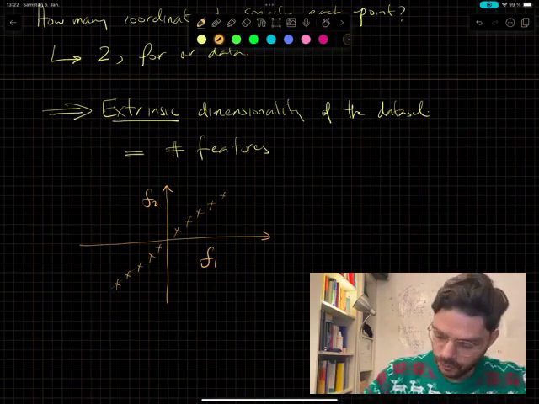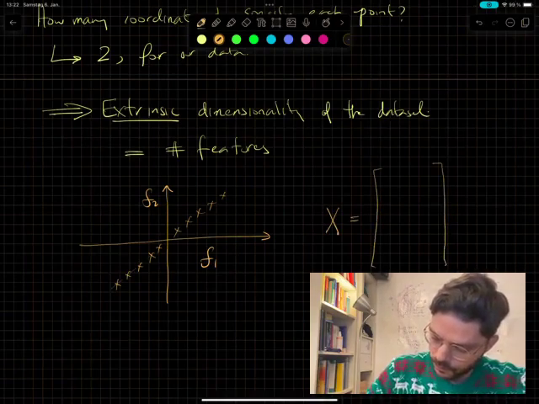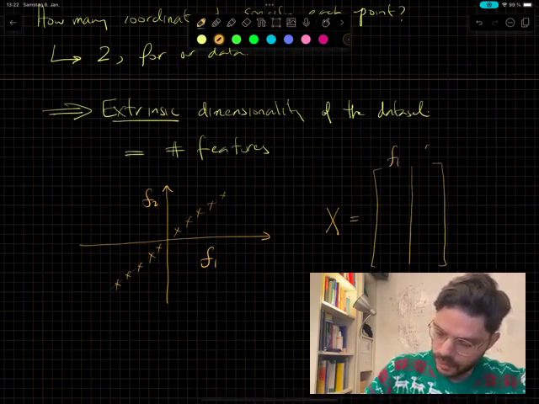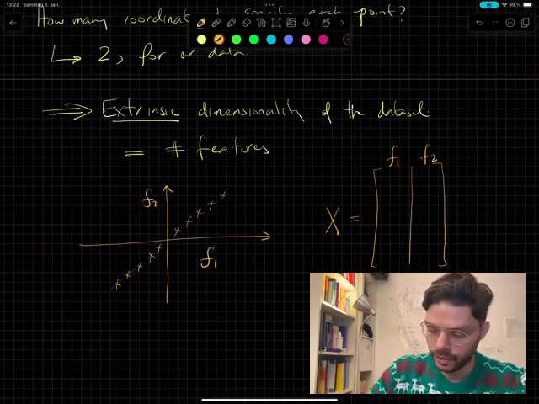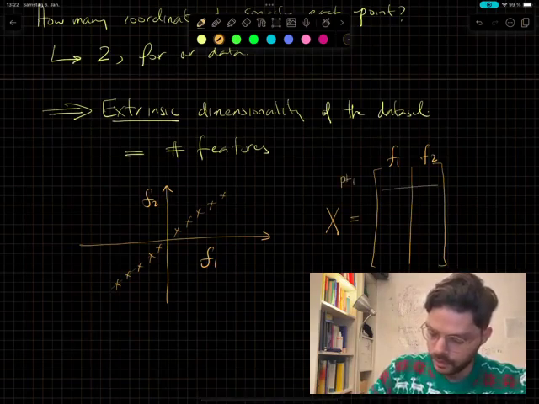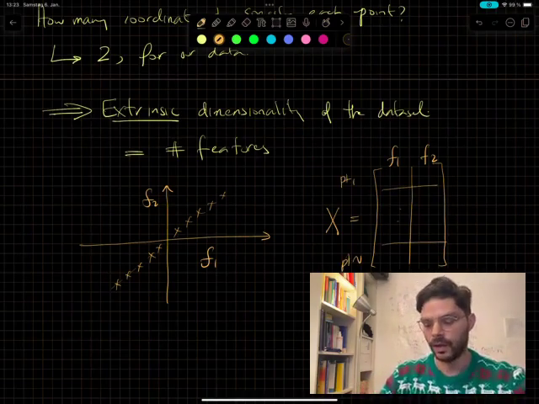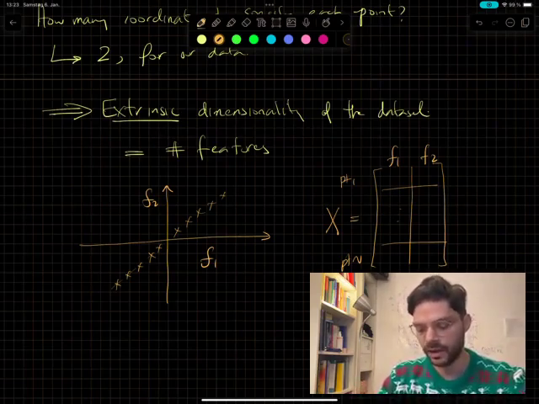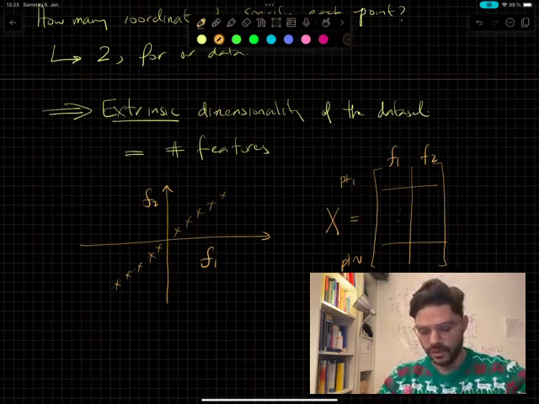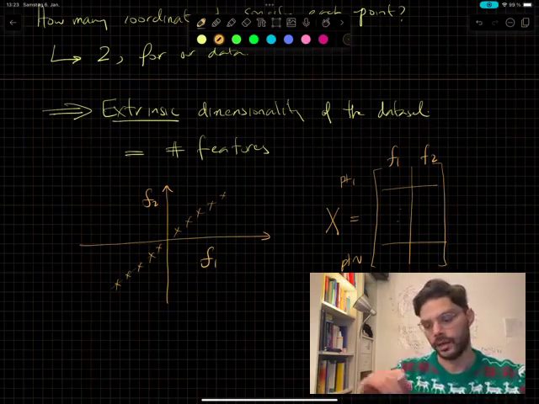Here's our data set, F1 and F2, point 1, point N. We're still using 2 coordinates to specify every single data point, but this data seems to be one-dimensional. All the data points are lying along a line.